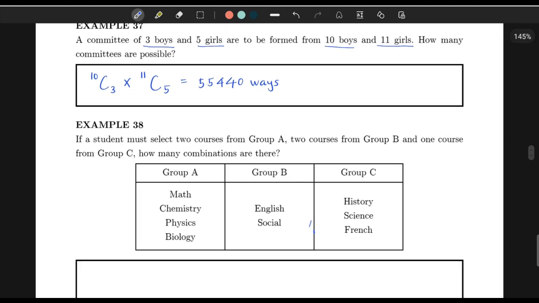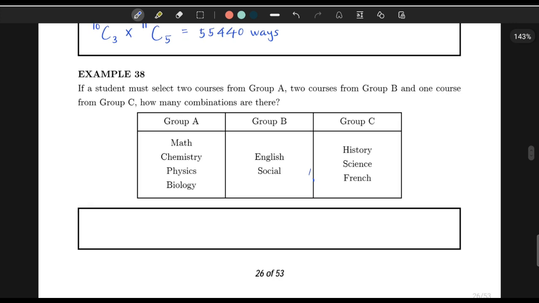Next example. Example 38. A student must select 2 courses from group A, 2 courses from group B, and 1 course from group C. How many combinations are there? Okay, from group A, we have 4, n equal to 4.